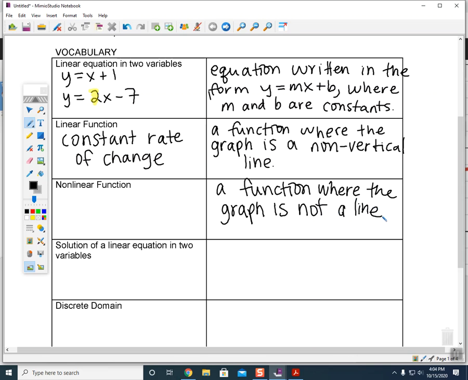Where a linear function has a constant rate of change, a non-linear function does not have a constant rate of change. So a linear function is going to increase or decrease by the same amount every single time. A non-linear function does not increase or decrease by the same amount every single time.